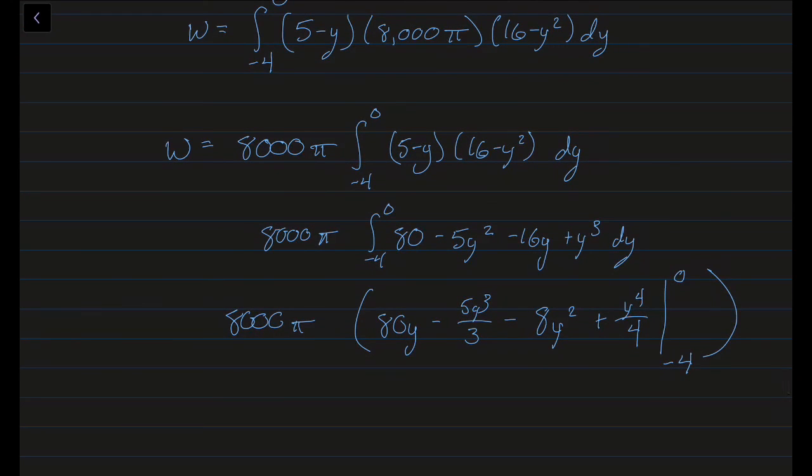And we're going to plug in our bounds from -4 to 0. And that's just plugging it into a calculator or doing it all out longhand. And we finally get that our work is equal to approximately 7 times 10 to the 6th joules, which we can just write as 7 megajoules.